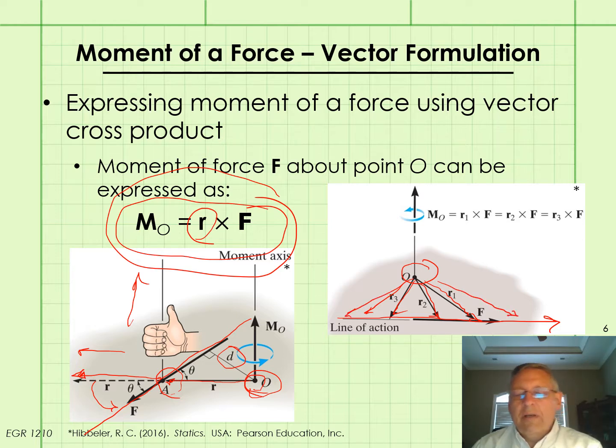So there's literally an infinite number of position vectors. Again, you're going to pick the one that's most convenient to produce a Cartesian form of R.